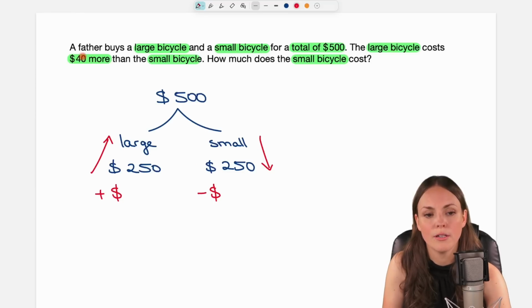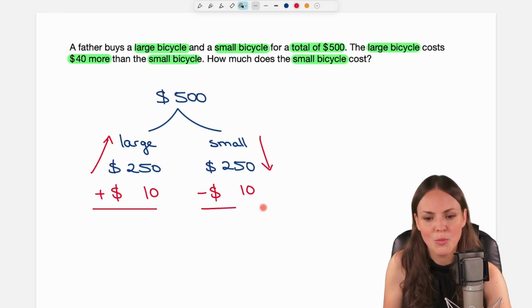And which amount do we have to add here and subtract here so that we have this $40 difference? If you don't know the amount immediately, you can just take a small amount and see what happens. So, for example, just add $10 here and subtract $10 here so that we don't change the total amount.